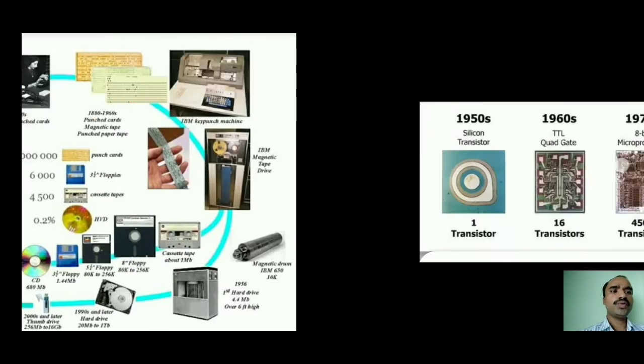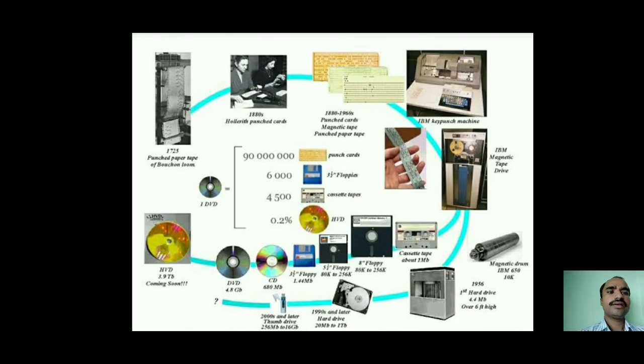Then move towards memory. In the last lecture we have seen how memory was invented and how it works. Here a punched paper tape is shown, used for storage. Then other papers.